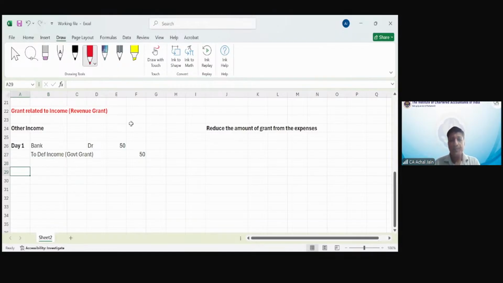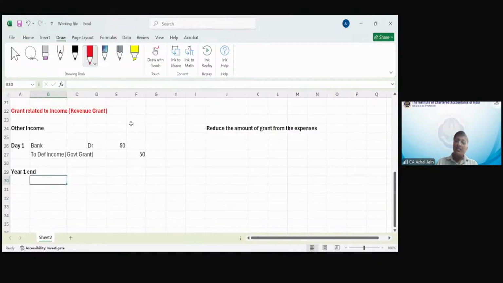Now, at the year end, year one end, the question arises: what will become the basis for recognition of government grant income? Unlike in case of asset related grant, we do not have the life of the asset. Do you have the useful life of the asset? No. So how will you amortize it? What will become the basis for amortization?